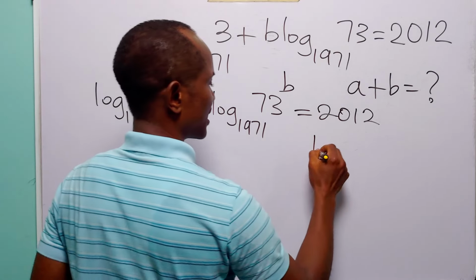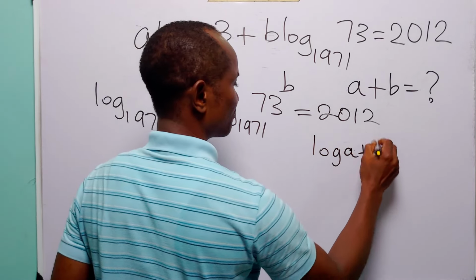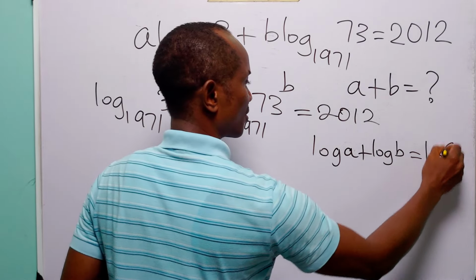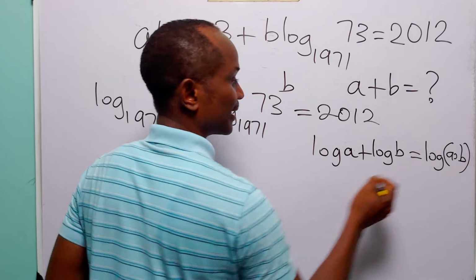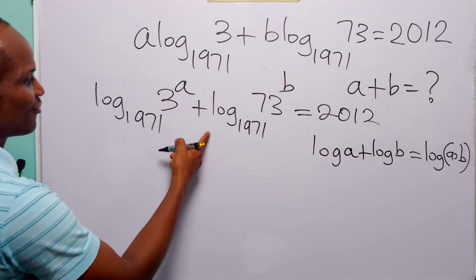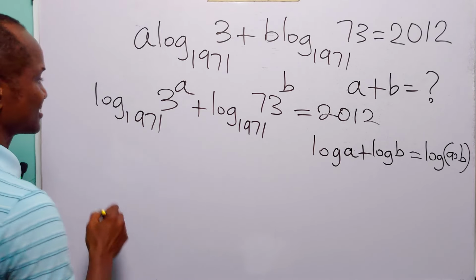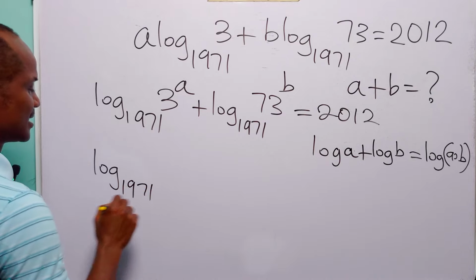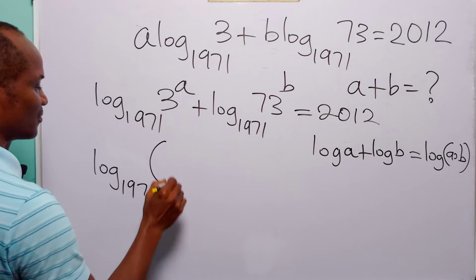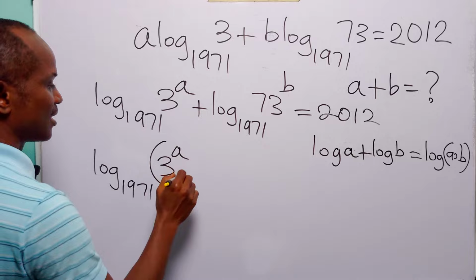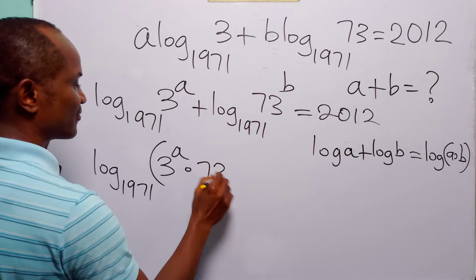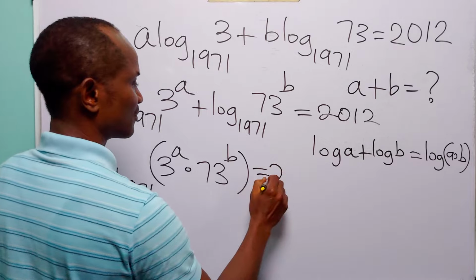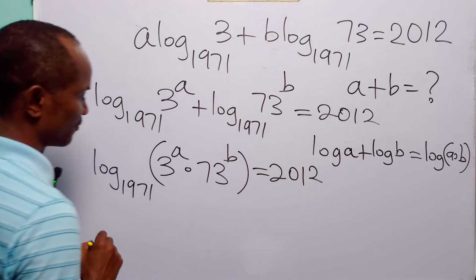Now, remember that log a plus log b is equal to log of a multiplied by b. So we can write the left-hand side as log to base 1971 of 3 to the power a multiplied by 73 to the power b. And this is still equal to 2012.